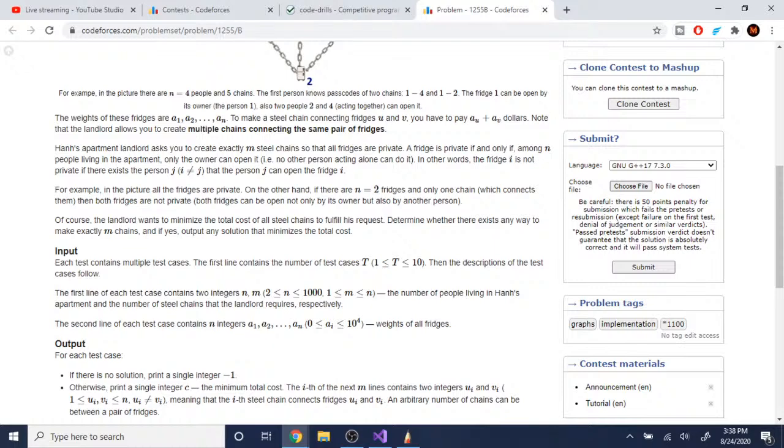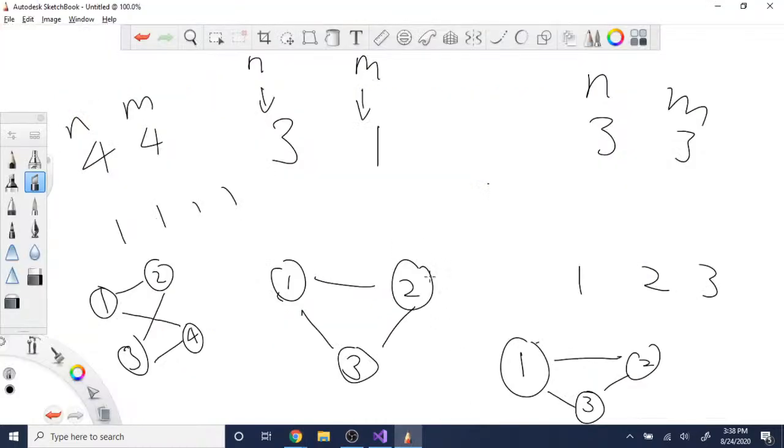Oh, okay. So if only the owner can open it. So okay, let's say I'm here, right? 1, 2, 3. And I get rid of these two. So 1's owner got rid of these two, right? But then here I'm at 3.